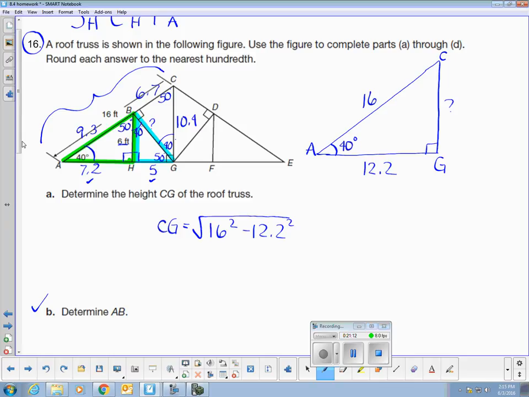So, gosh, I can use the Pythagorean theorem again, or I can use my trig functions again. So if I want to find the measure of length BG, I'm going to try using the Pythagorean theorem another time. And let's highlight that triangle.